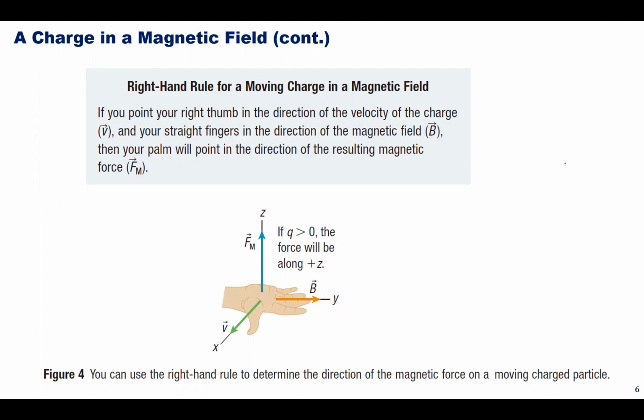You can use the right-hand rule to determine the direction of the magnetic force on a moving charged particle, okay? So if Q is greater than 0, the force will be along the positive z-axis. Otherwise, if Q is less than 0, the force will be along the negative z-axis.